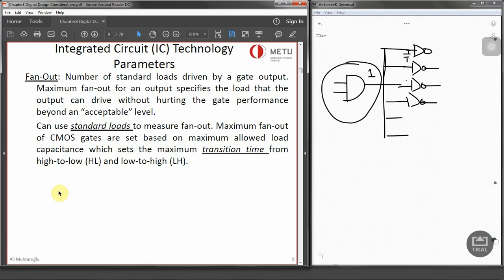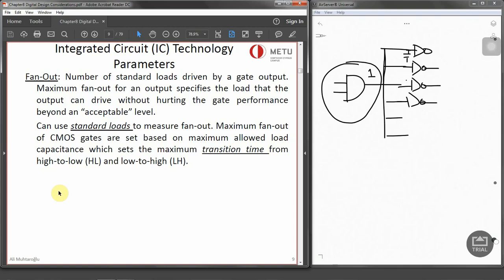Rather than having individual lines, we can add inverters and buffers, and we can reduce the fan-out problems. It says the maximum fan-out of CMOS gates is set based on the maximum allowed load capacitance, which sets the maximum transition time from high to low and low to high. So it's about charging the capacitance.